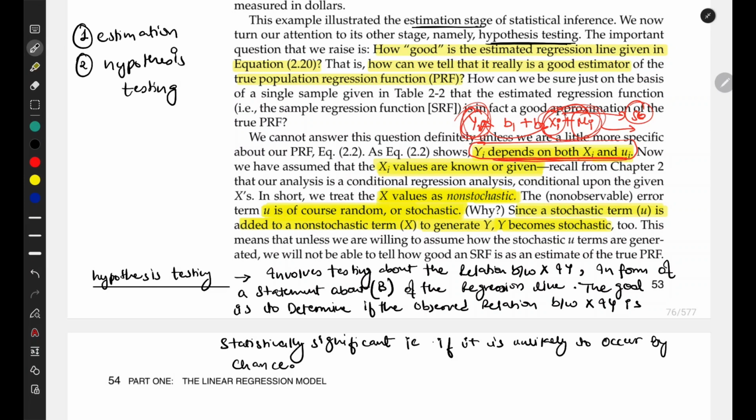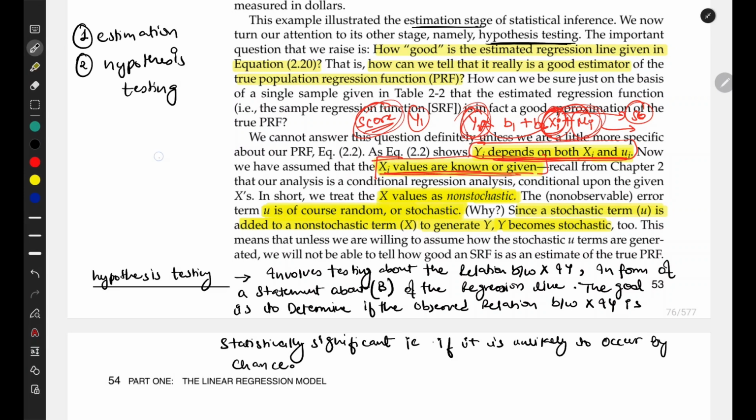But in theory, the scores of students will actually be dependent on your income, but we are given the scores already here. We have assumed that xi values are known or given. What does the word given mean here?